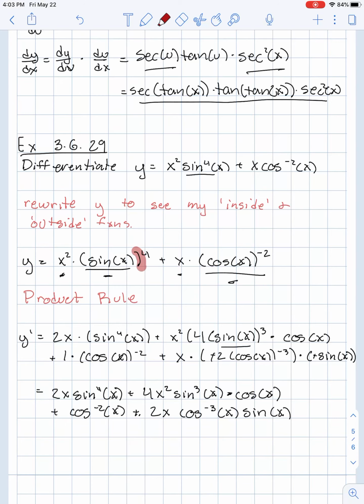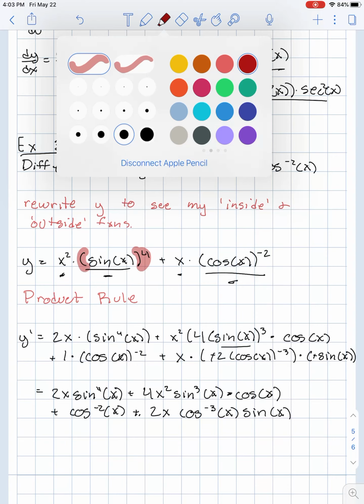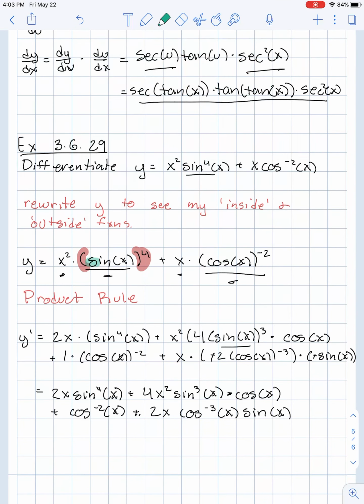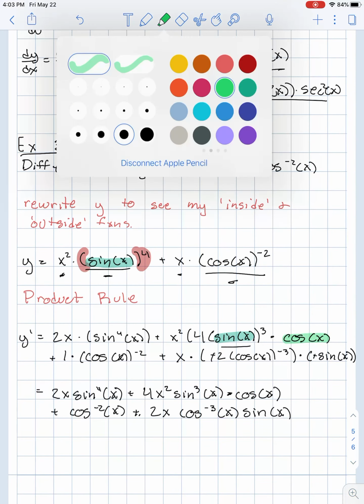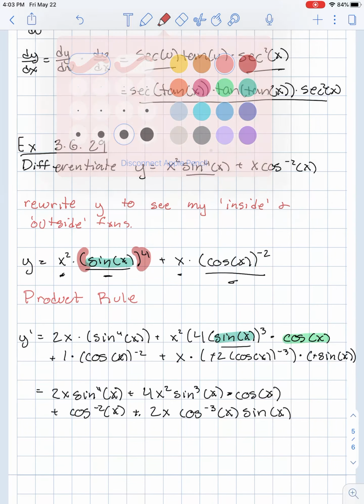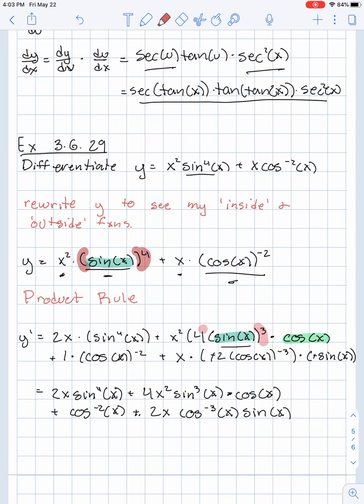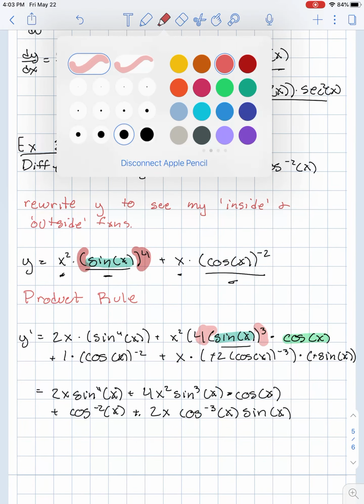If I'm just focusing on sine of x, that whole thing to the fourth power, the fourth power is my outside function, and my inside function is the sine of x. So here is sine of x, and there's its derivative, cosine of x, and here is something to the fourth power's derivative right there.